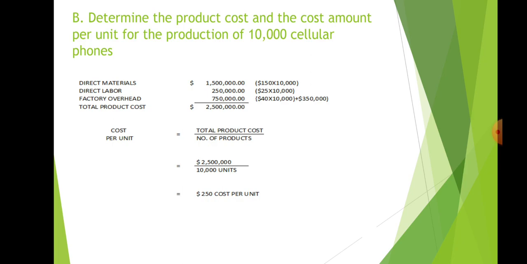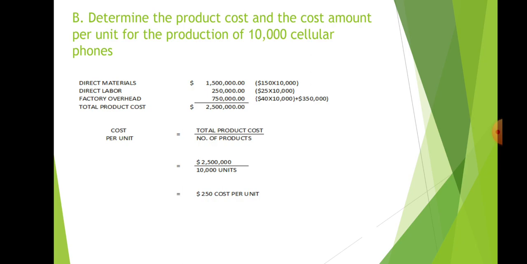The 750 comes from the variable cost of $40 times 10,000 units, plus the fixed factory overhead of 350,000. The sum of this is 750,000. Total product cost, we add all of those items, is equal to 2,500,000.